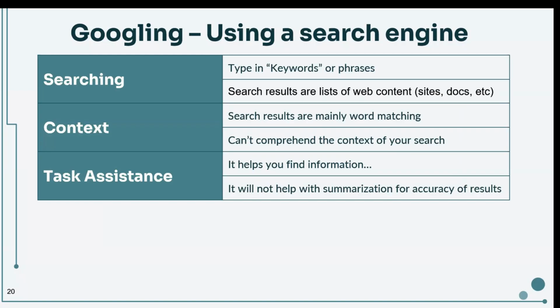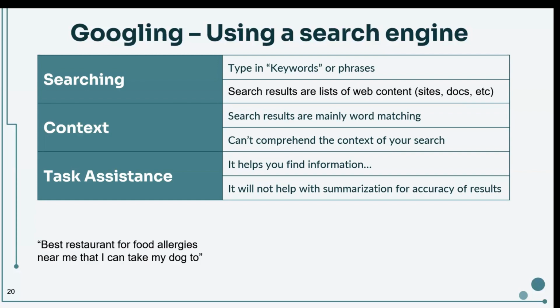Again, it's mainly word matching. It can't comprehend why you're searching. It just matches keywords, and then, here you go, here's your information. And then you have to sort through it to find what you're looking for. It can help find information, but it's not going to summarize and be very accurate. It's your job to go through and find the information you're looking for.